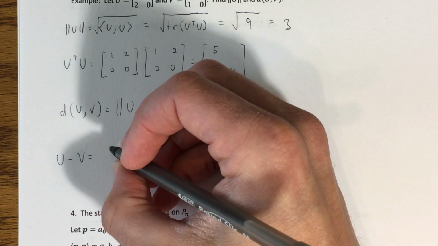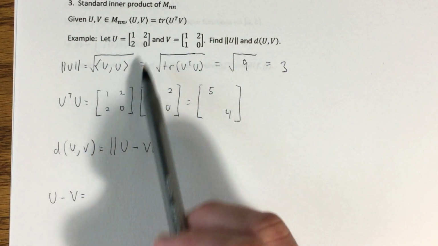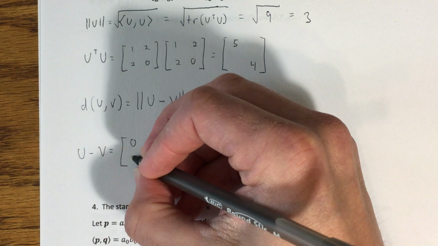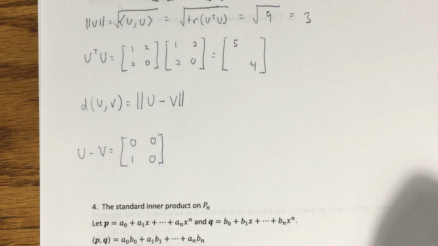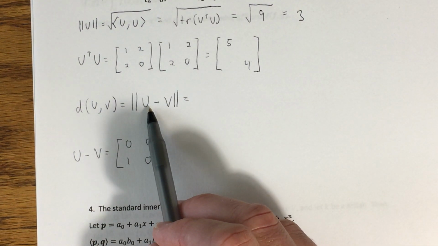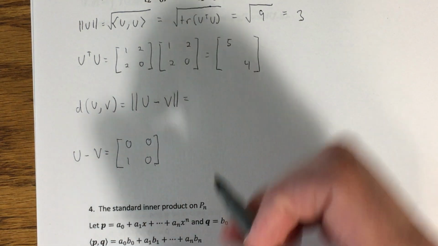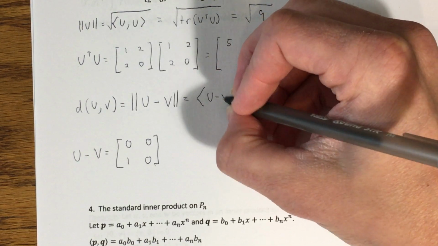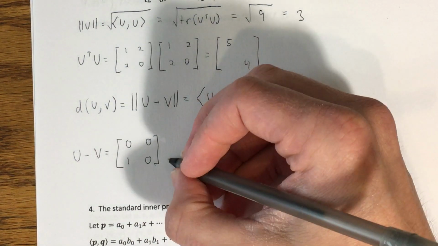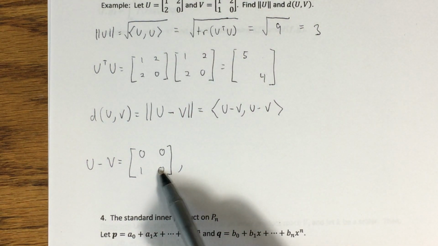U minus V is equal to, well, I'm just going to come up here and do this manually. 1 minus 1 is 0, 2 minus 2 is 0, 2 minus 1 is 1, 0 minus 0 is 0. So I get 0, 0, 1, 0. There's the difference between those two. Okay, now remember, the norm is going to be the square root of the inner product of U minus V with itself. So that means I'm looking for, by definition, the trace of the transpose of this matrix times itself.